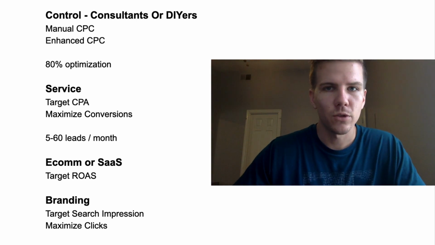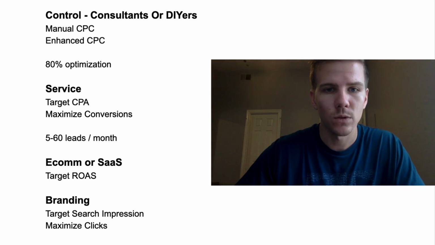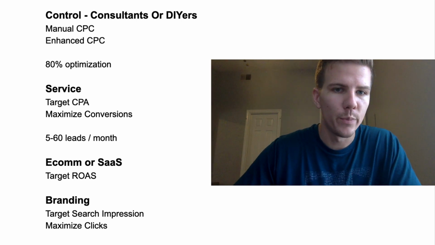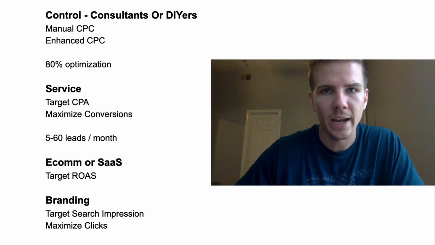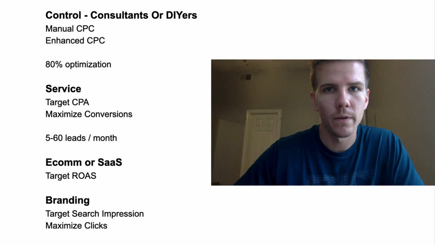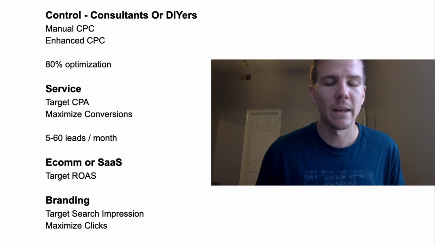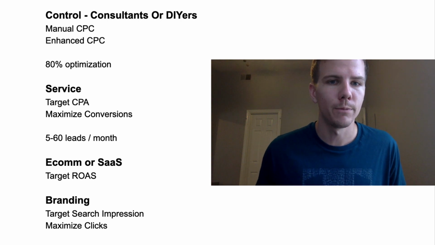And these automated strategies are going to look at the historical data that was built up in the account or the campaign. So if you build up hundreds of leads on a campaign using manual and then you switch over, then that switch will be much better for the automated strategy because it already has those patterns to go off of. And it might be able to spot things that you can't spot.